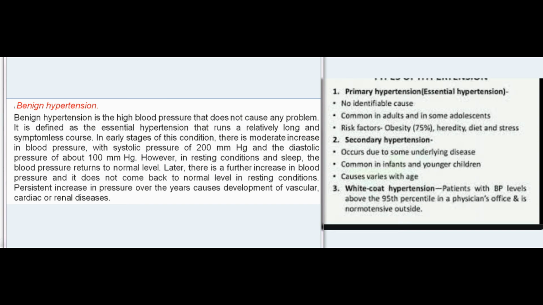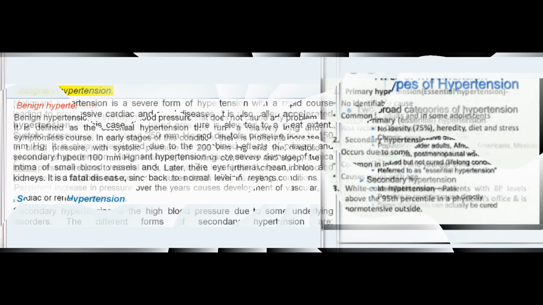However, in resting conditions and sleep, the blood pressure returns to normal level. Later, there is a further increase in blood pressure and it does not come back to normal level in resting conditions. Persistent increase in pressure over the years causes development of vascular, cardiac, or renal diseases.